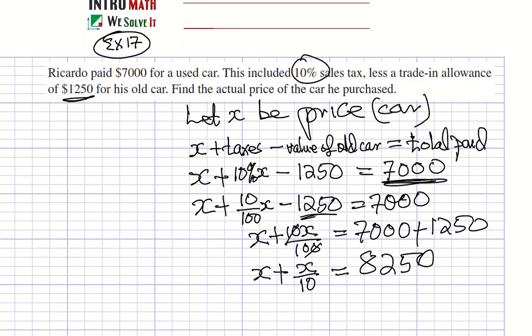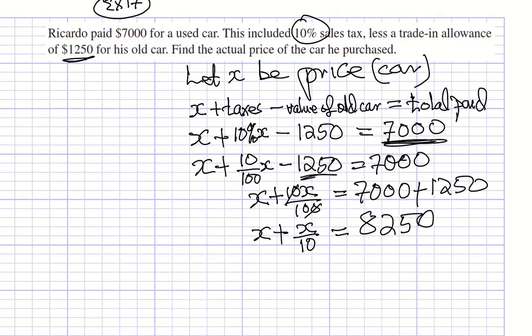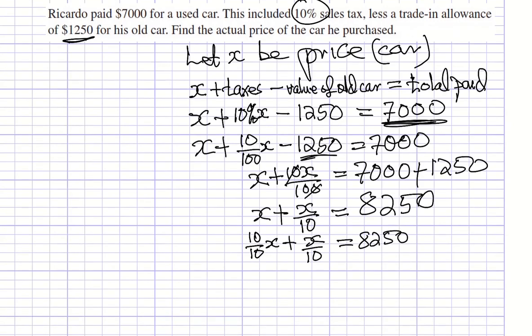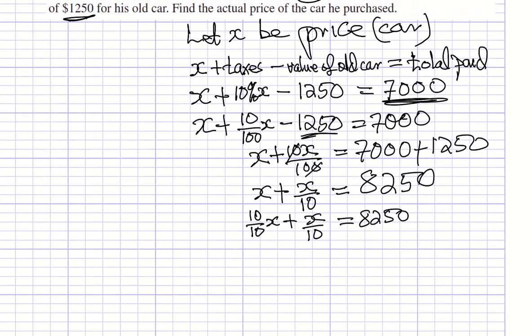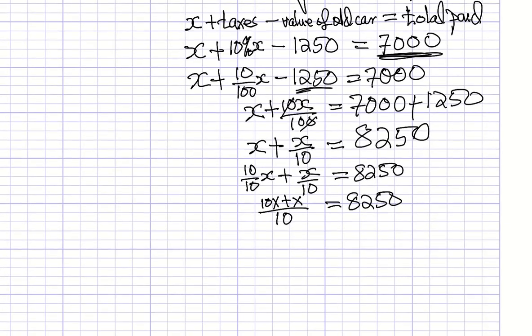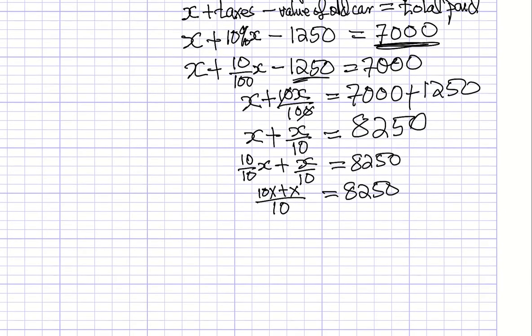Now let's use our usual trick: 10 over 10, which is 1, then X plus X over 10 equals 8250. You see that, right? We'll combine, because they have the same denominator now. You have 10x plus x equals 8250.